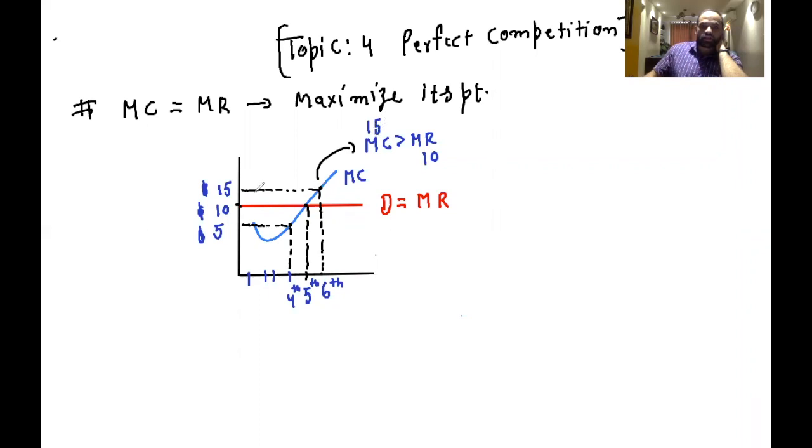This is the cost curve. So 15 is the cost, revenue is 10. So you're going to have a loss.